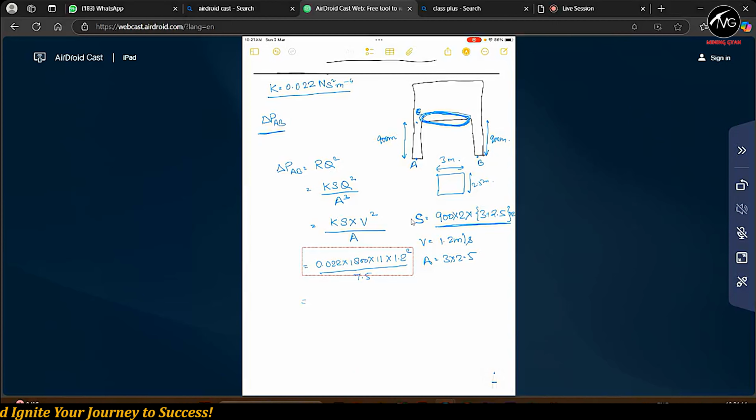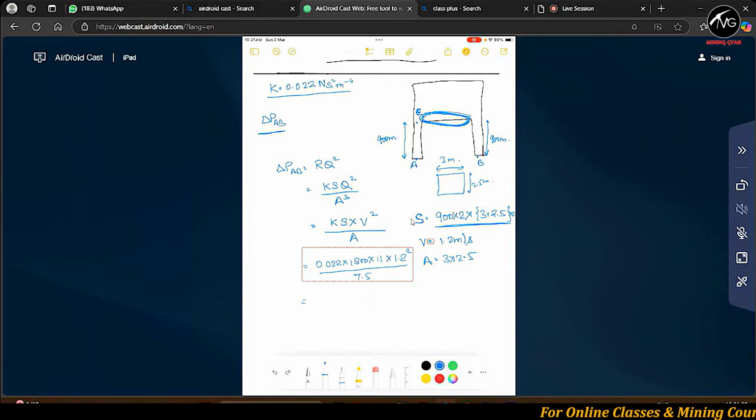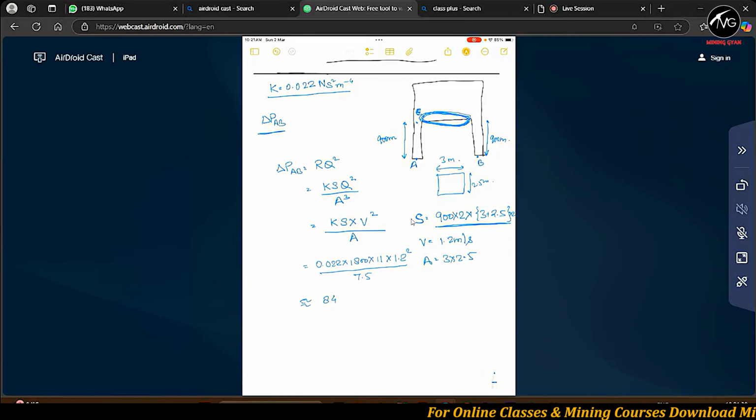This whole thing will come around 84 Pascal. So delta P between A and B, between the two gate roads, is around 84 Pascal.